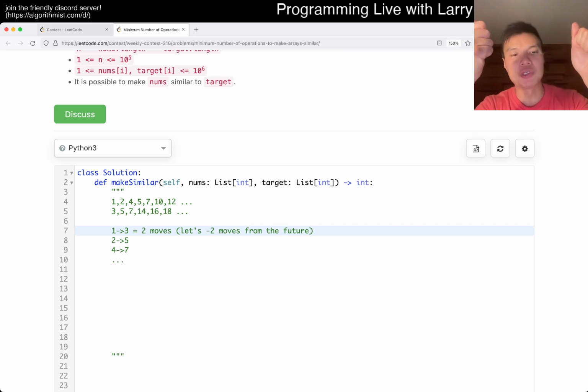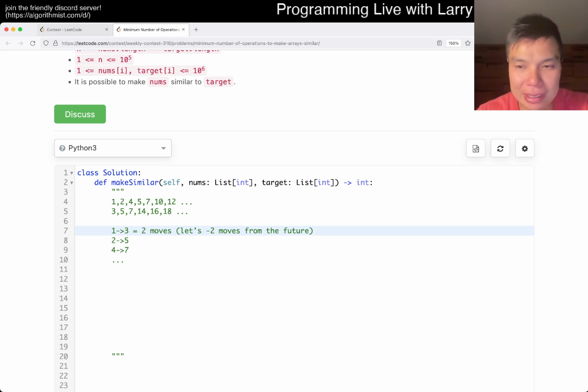Because now we're assuming that this pair in the future will be paired with a negative flowing move, right? That's basically the idea. And in that way, it is greedy, because you can always match something. It doesn't matter where it comes from; it always matches something, right? Like if you subtract 2 moves, you will always get one from the future, no matter where you get it from, as long as it's optimal for that thing, right?